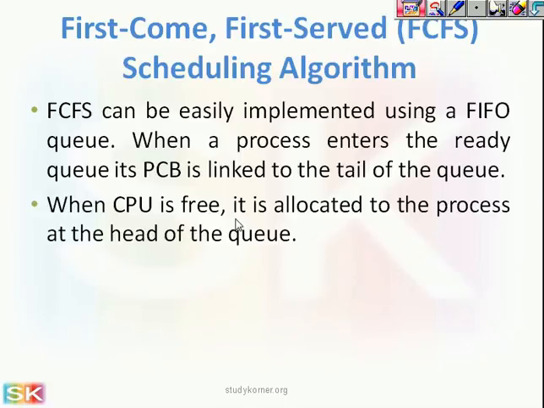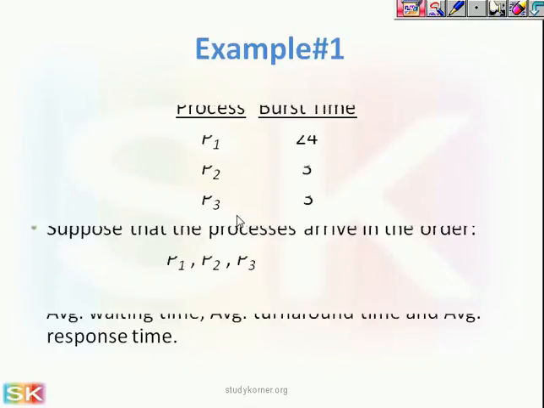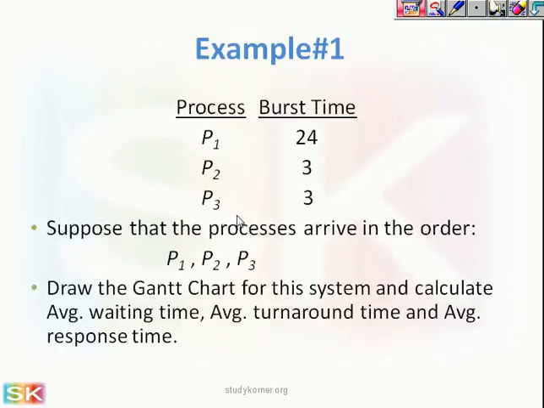So when the CPU is free, it is allocated to the process at the head of the queue, that is your start. So let's have an example to understand FCFS in a better way. We have three processes with us, P1, P2, P3, and their burst times are 24, 3 and 3 respectively.